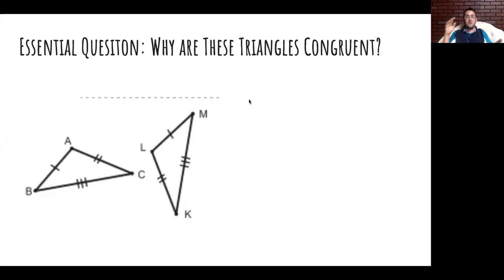All right, so the essential question that we have in triangle proofs is quite simply, why are these triangles congruent to each other? Just as a recap here, congruent means same shape, same size.